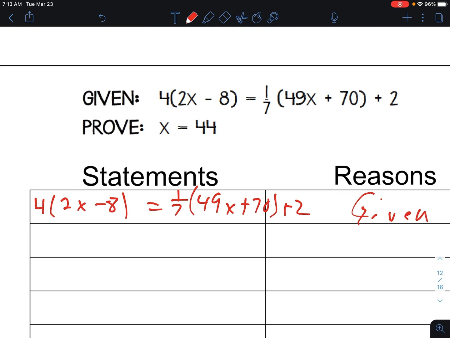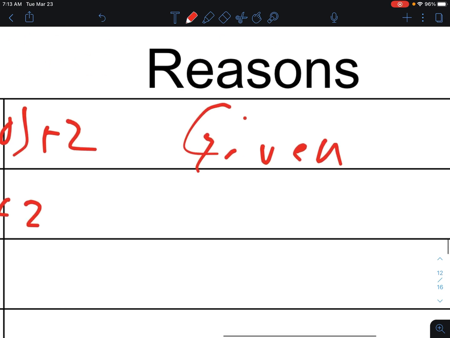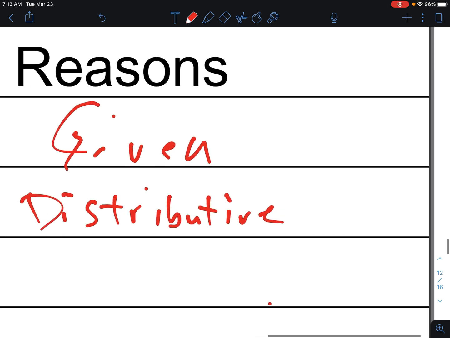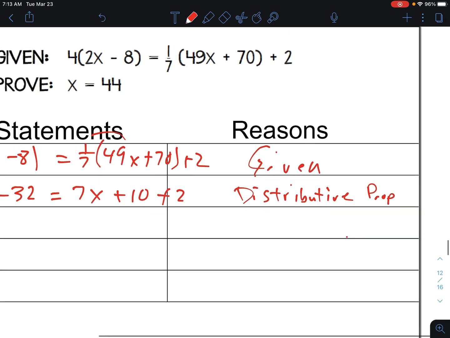So if I said this was 8x minus 32 is equal to multiplying 1/7 in there, that's dividing by 7. So that's going to be 7x plus 10 plus 2. I just did the distributive property twice. So if you're doing the same step at the same time, but it's on both sides of the equation, you can write it all at once, okay?